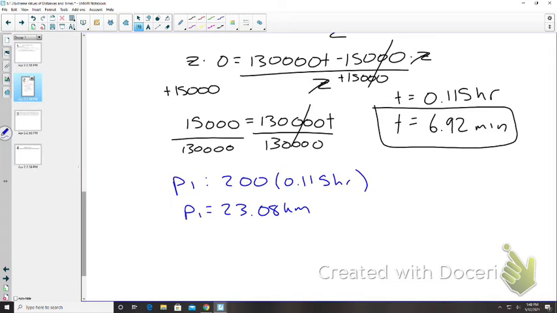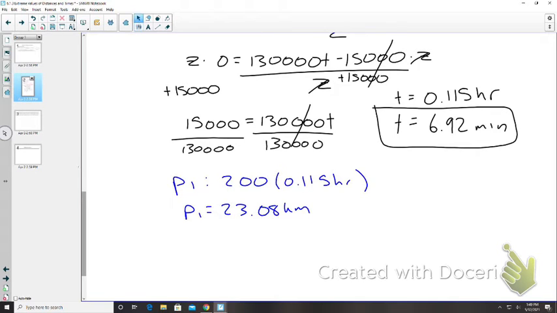Okay, so that 0.115 is rounded, and I'm multiplying that by 200, and that's how I get my 23.08. Okay, and of course I'm not rounding my intermediates, but I do not want to include all of my decimal places here. Okay, so plane 1 has moved 23.08 kilometers from the beginning, right, from a time equals 0.